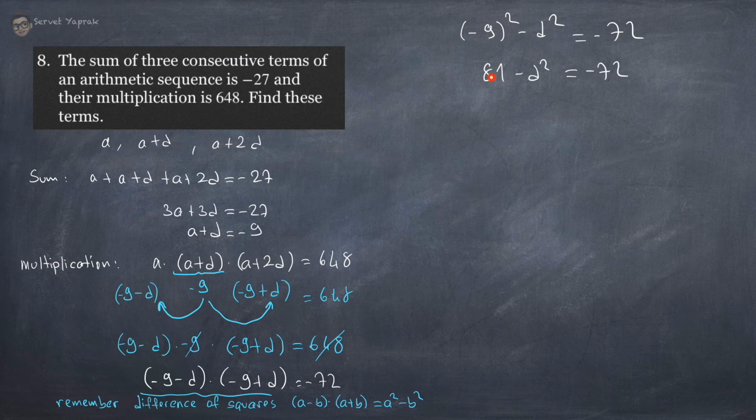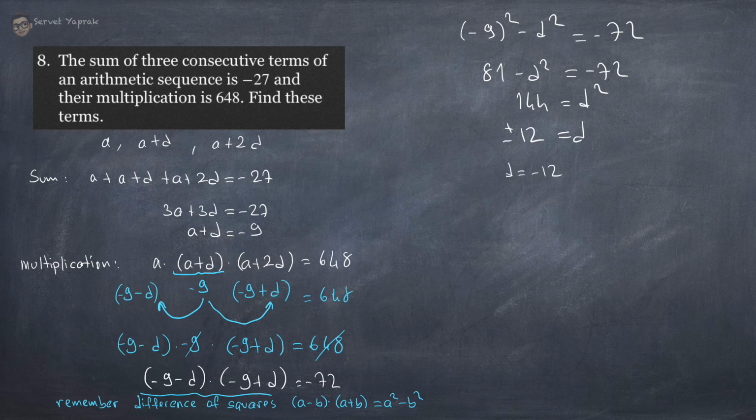Negative 9 squared is 81, minus d squared equals negative 72. d squared equals 144. Now we have d equals either positive 12 or negative 12. This means we will have two solutions. Now, if we go back to their sum, a plus d equals negative 9.